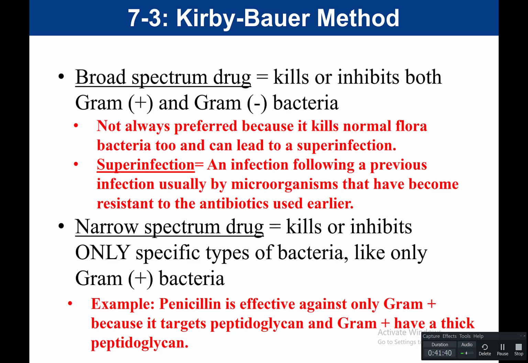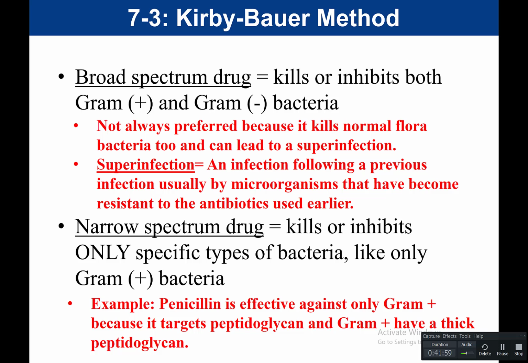And so oftentimes patients will get better faster with a narrow spectrum drug because it is more targeted. So again, there are times where a broad spectrum would be preferred, and there are times when a narrow spectrum is preferred. It really depends on the situation.